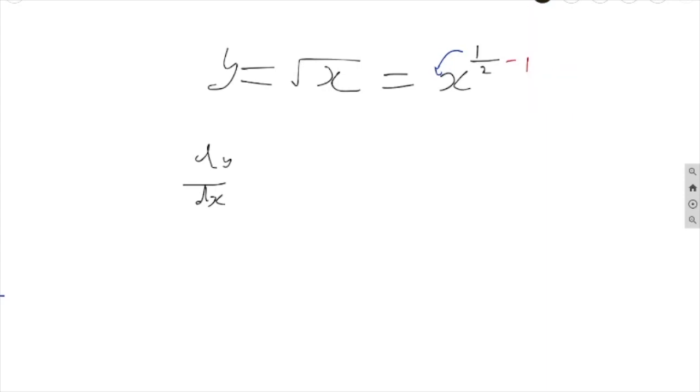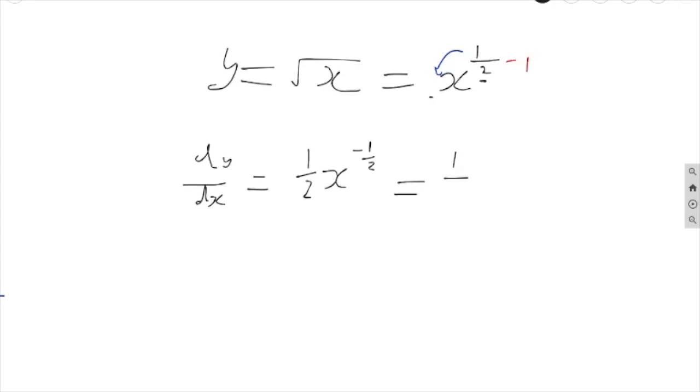This gives us 1/2 up here, times the 1 that would be hidden down here. Therefore, our dy by dx equals 1/2 times x to the power of 1/2 minus 1, which is just minus 1/2. And we're done. There's an argument to be made that we can now put this back into regular form.